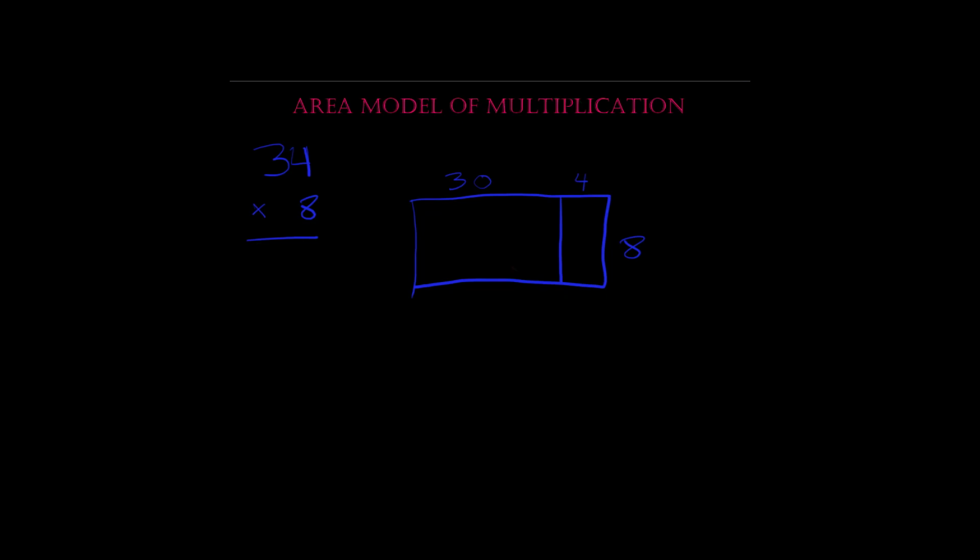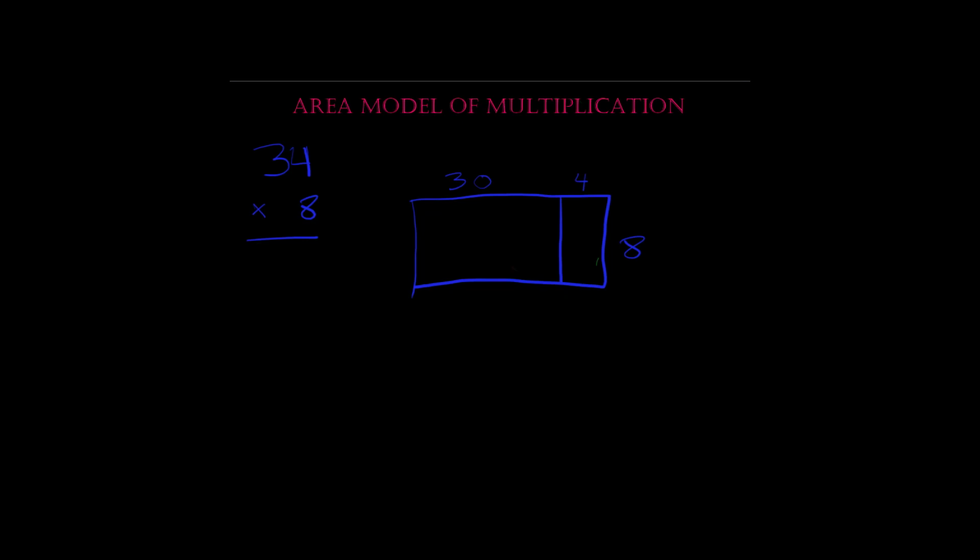And when you're drawing this, don't just make lines anywhere. We want the 30 to be a bigger section visually than the 4. So the 4 is a very small section. So 30 is a bigger number than 4, so we're going to draw that part of the rectangle a lot bigger. All right, and then going down, we just have 8, so we're just going to have one line going down to represent 8. Okay, now we're going to walk through how to actually solve it using this area model.